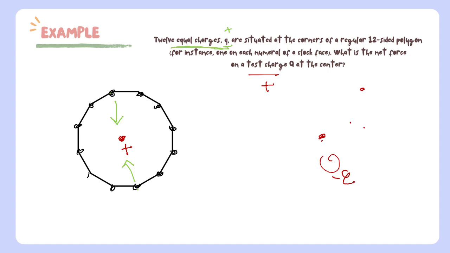Let's say the charge Q stands for 2 coulombs. So 2 coulombs in here, 2 coulombs in here, and they are symmetrical, so they will naturally cancel out. It's the same for this one and this one: symmetrical, the same magnitude, will cancel out. So what is the net force on charge Q? Because all of those forces will be cancelled out, the net force on charge Q will be 0 Newtons. And this is the net force.